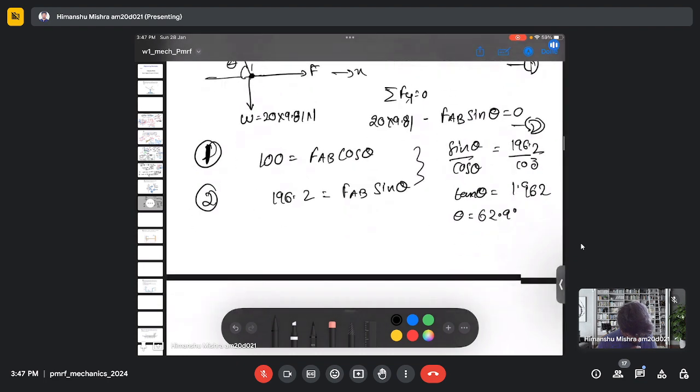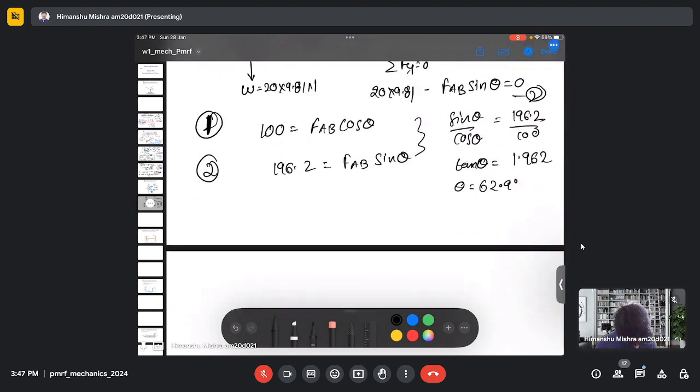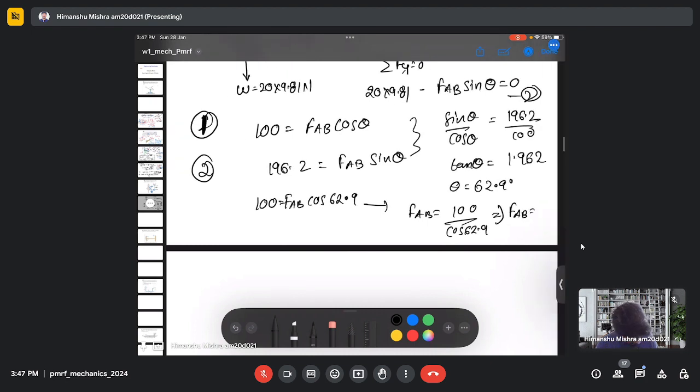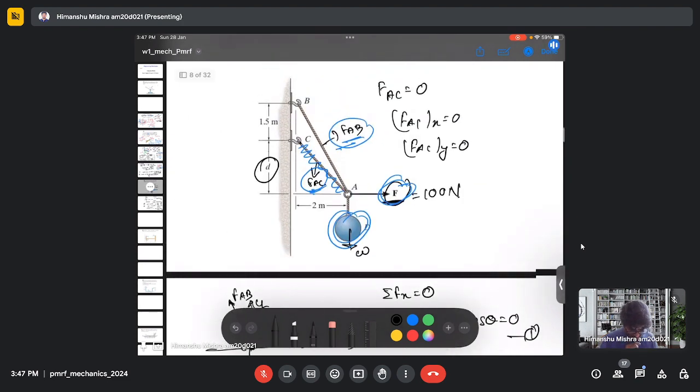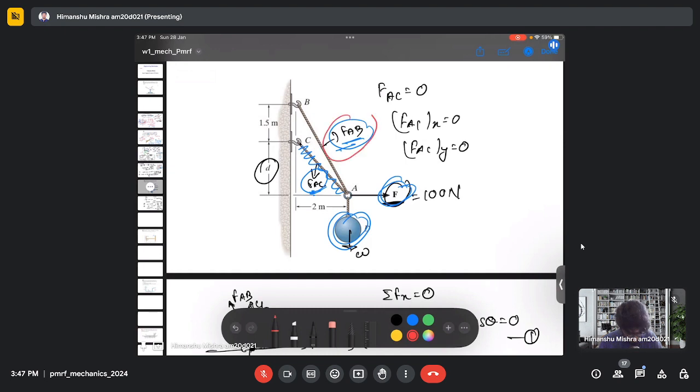And when I substitute back into equation 1, I will have 100 equals FAB cos 62.9, which will give me FAB equals 220.21.